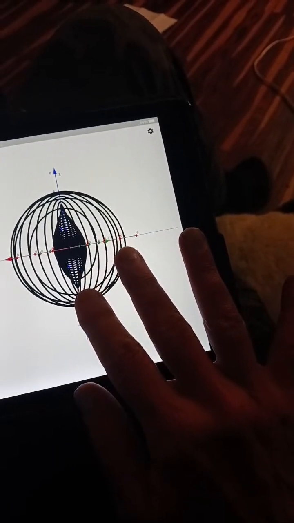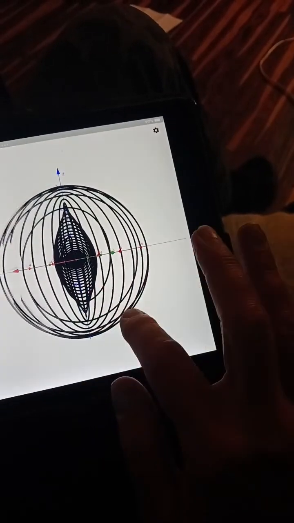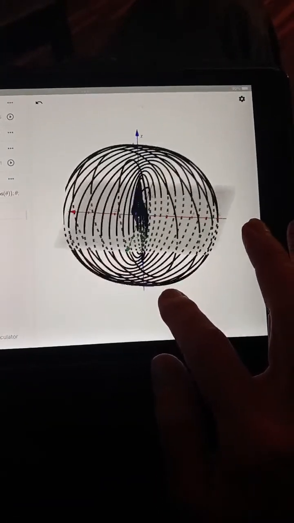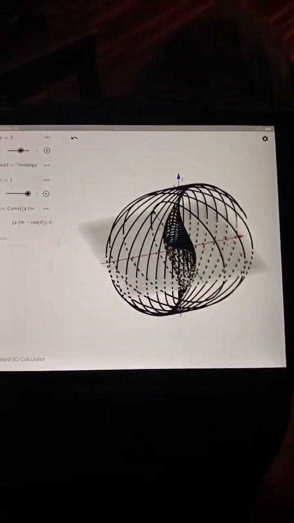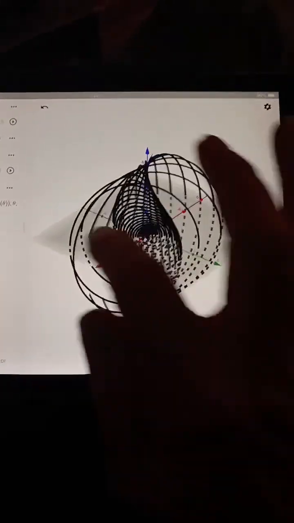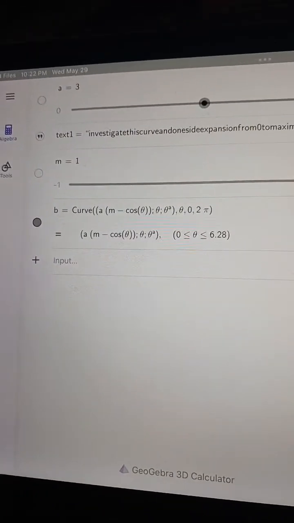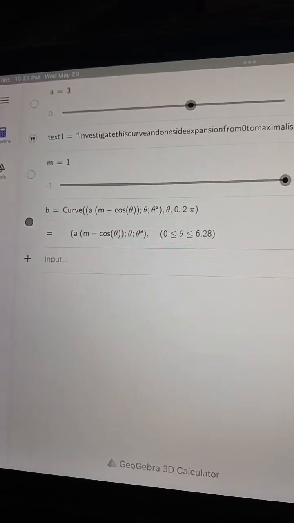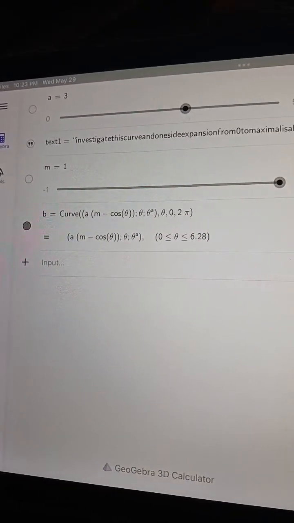And this is just a simple minima to maxima curve. There's the equation: the curve is cos theta, theta, theta cubed.